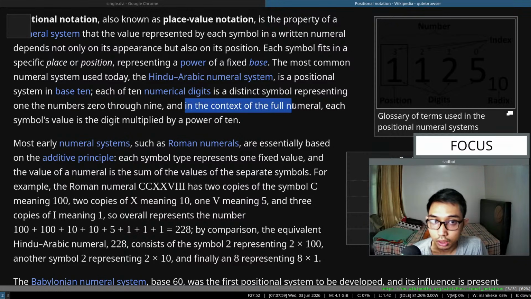Oh, I assume this full numeral means the full base, I guess.